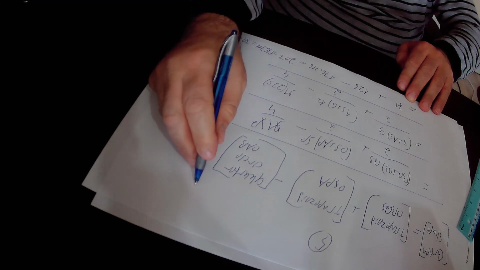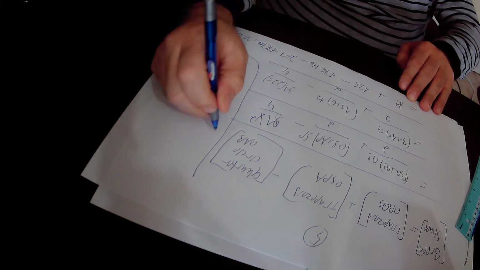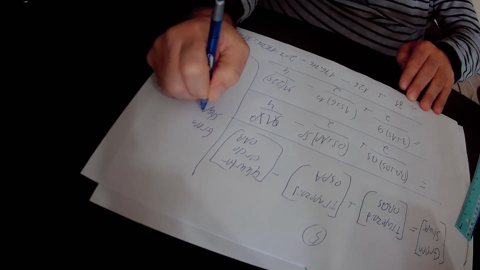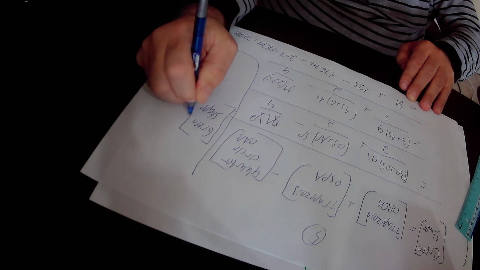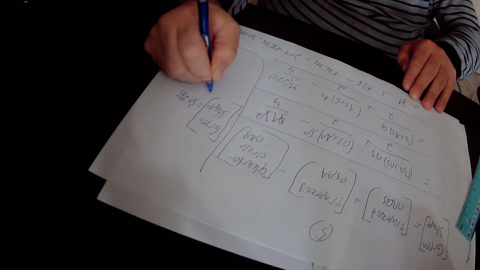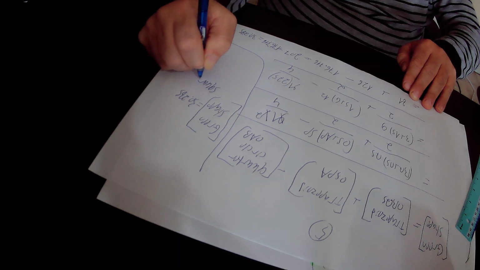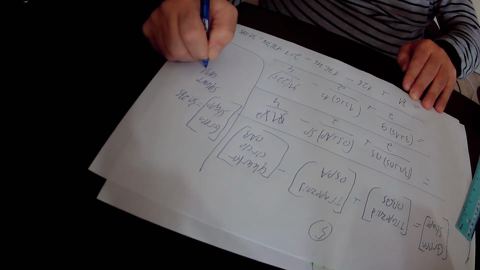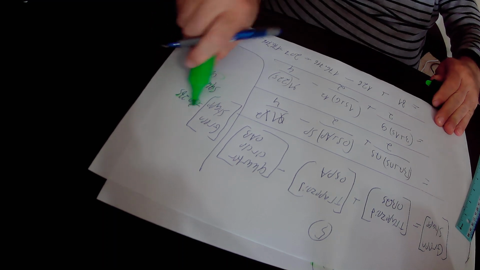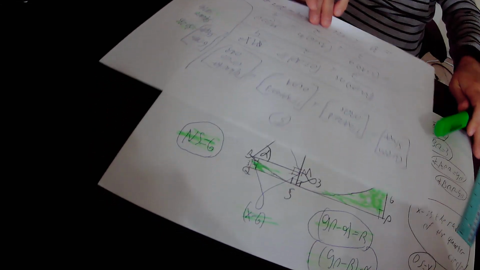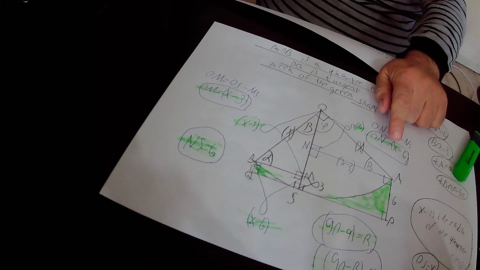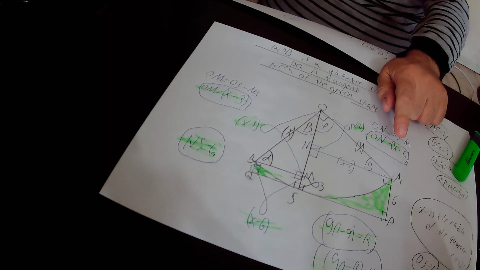In conclusion, the area of the green shape is equal to 30.285 square units. To repeat, the area of this green shape is equal to 30.285 square units. So in the next step, I will summarize the lecture.